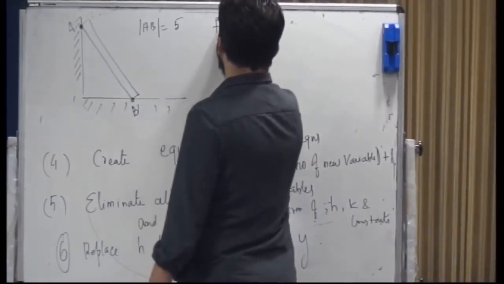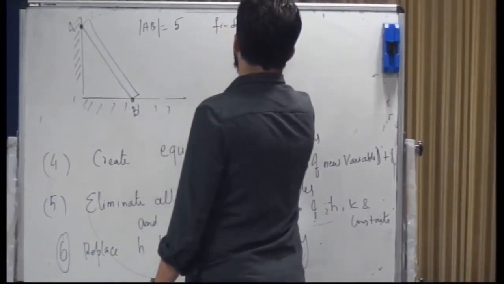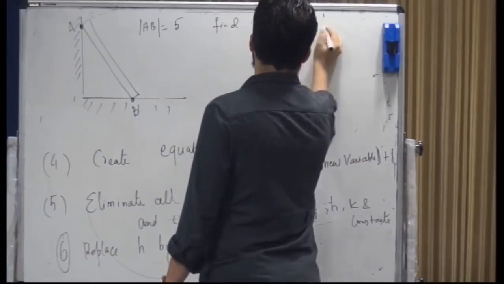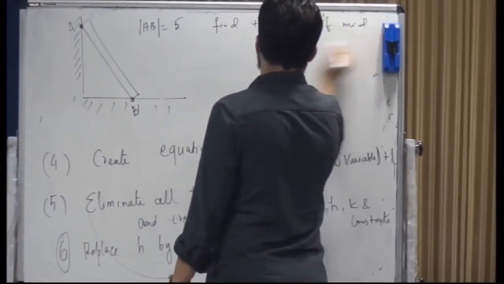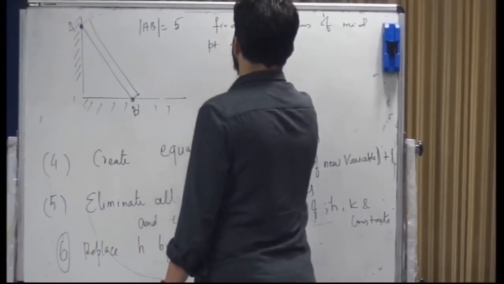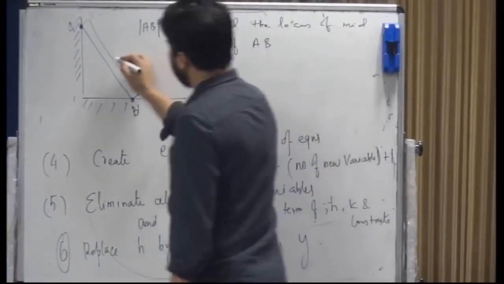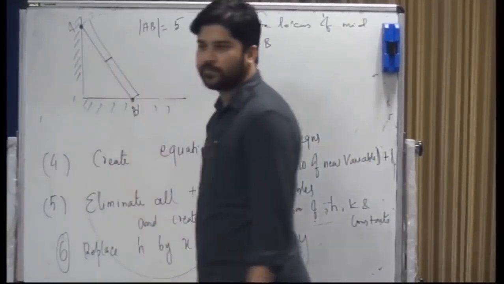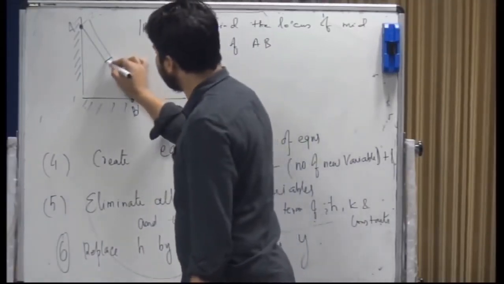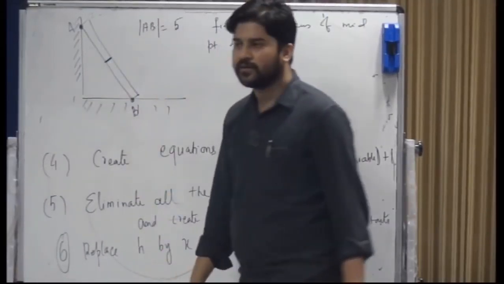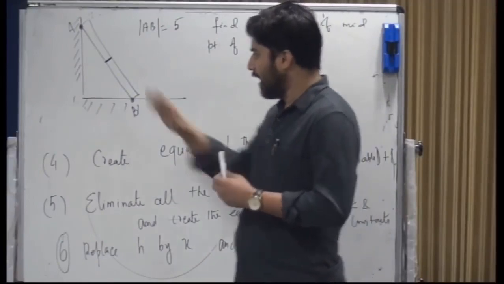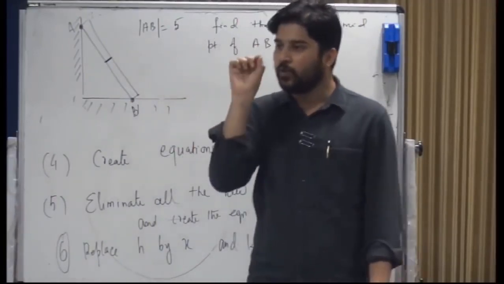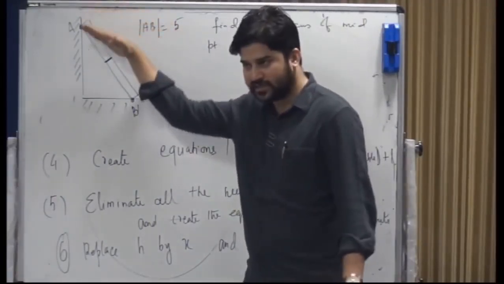You have to find the locus of the midpoint. This is the midpoint, and I have colored it red. I have to understand how the red point moves when the stick is sliding down.